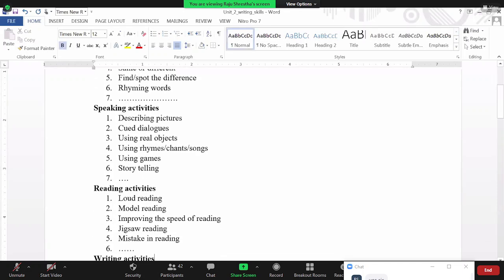And reading activities like loud reading, model reading, improving the speed of reading, jigsaw reading, mistaken reading. These are some reading activities we can use in reading class.